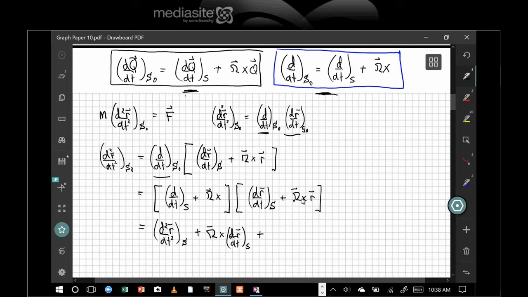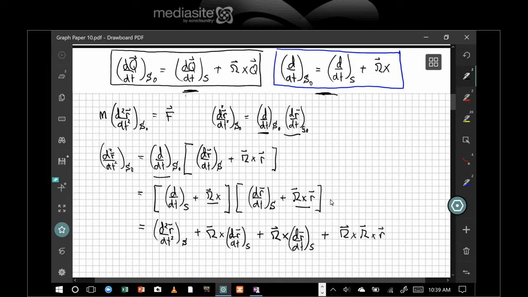Now I'm going to express this operator using this thing here. So then I can put another bracket here. I'm going to get d/dt of S plus omega cross, and that whole thing is going to operate on the stuff that's in the brackets.